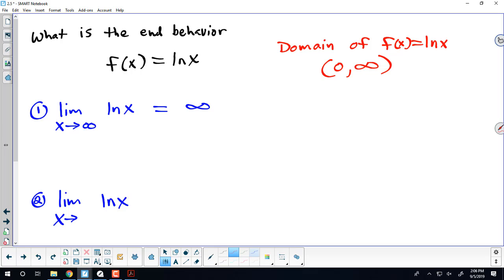So really we should be computing the limit as x approaches 0 from the right, because our domain only makes it sensible to approach 0 from the right.